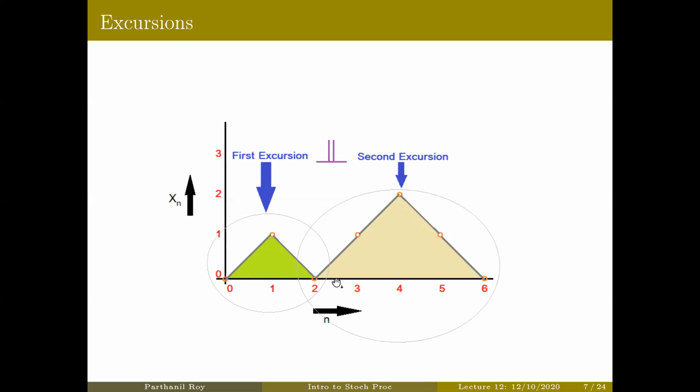The first return time of the Markov chain is random, and that is where the challenge lies. In order to formalize these excursions being IID, the challenge lies in the fact that the return times are random. This is the first return time to 0, this is the second return time to 0, and so on.